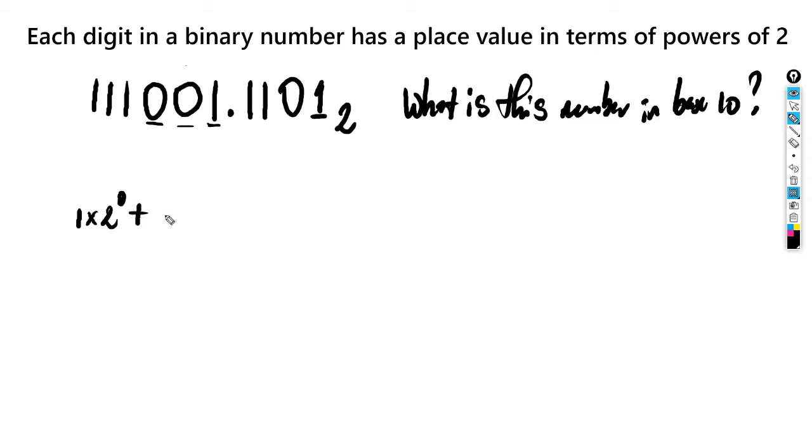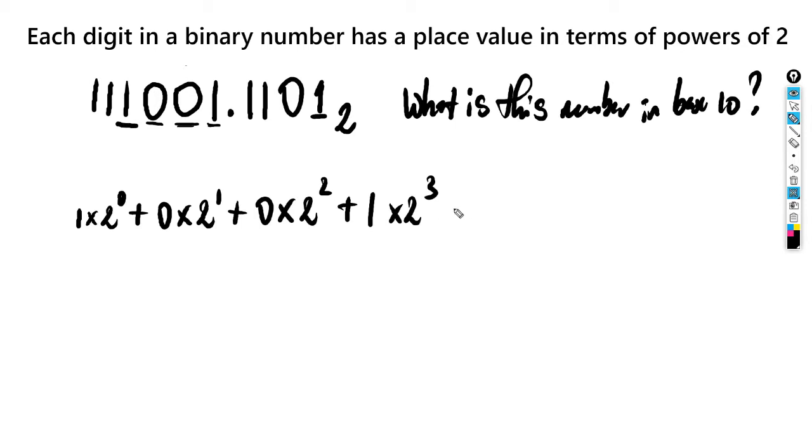Then the next one would be 0 times 2 to the 1 plus 0 times 2 to the 2 plus 1, which is this one now, times 2 to the 3 plus 1 times 2 to the 4 plus 1 times 2 to the 5. And if you notice, it's the same example we used earlier. So we're going to end up with the same number, 57.